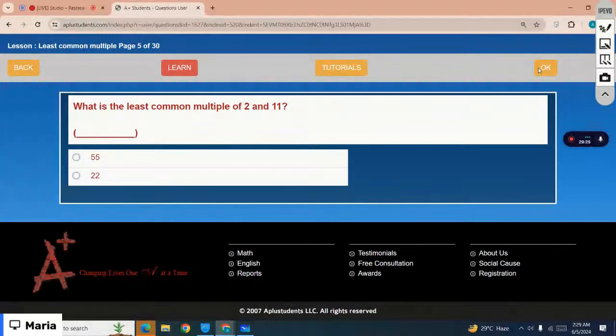The correct option is 22. It is option number 2 that is the correct option.